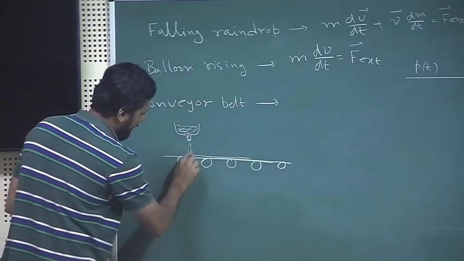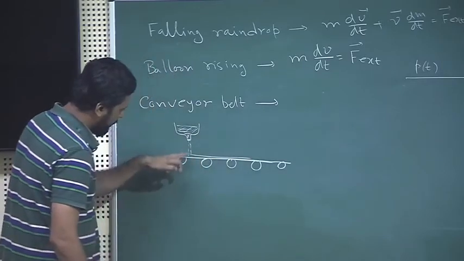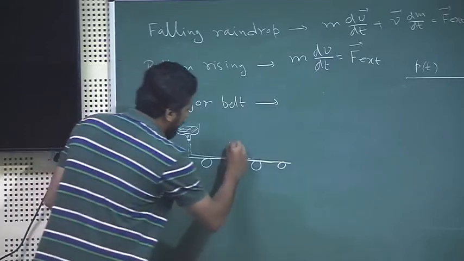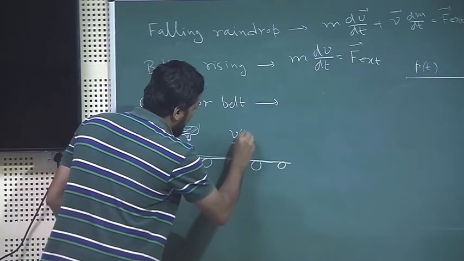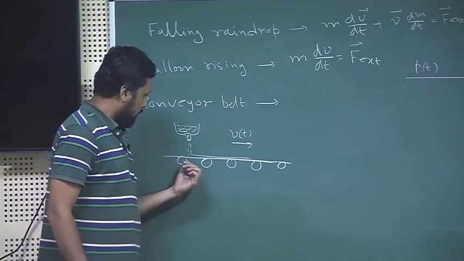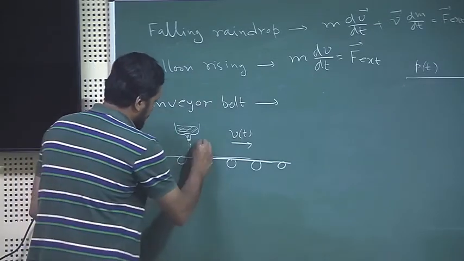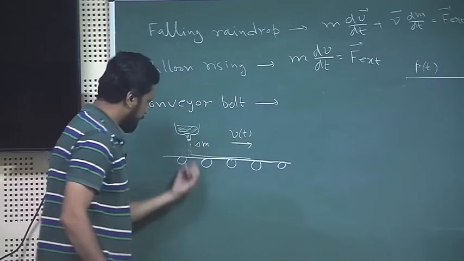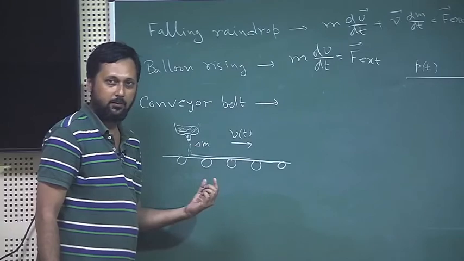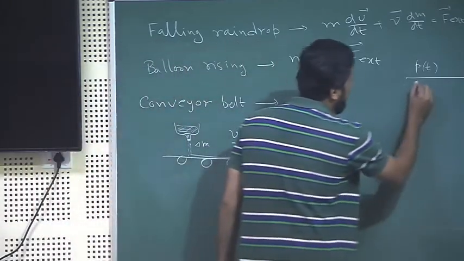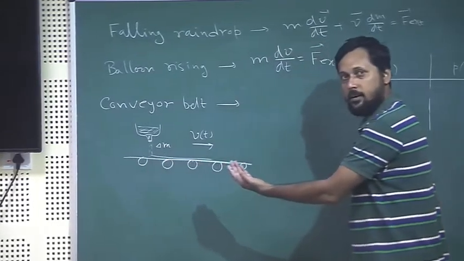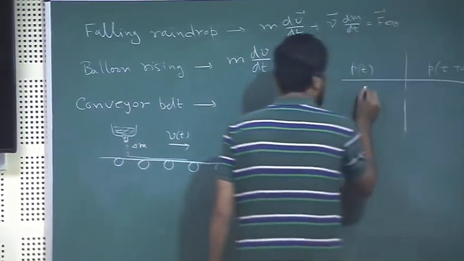The sand, once it gets dropped on the conveyor belt, moves along in this direction with a velocity v of t. Now, if an amount of sand delta m is dropped in the time interval delta t, then at time t, before the drop took place, the net momentum is nothing but 0.